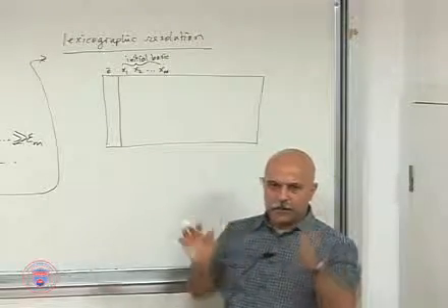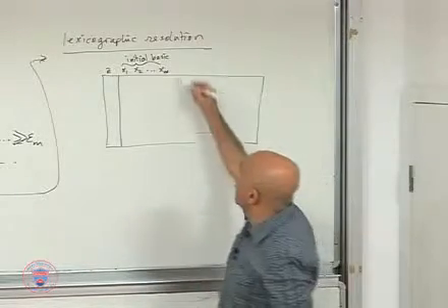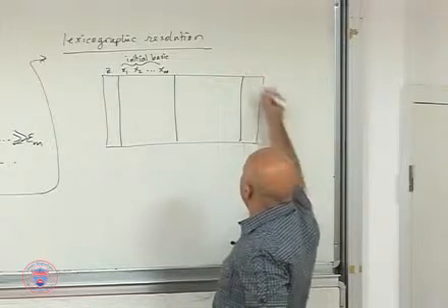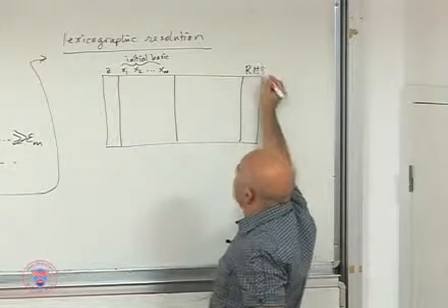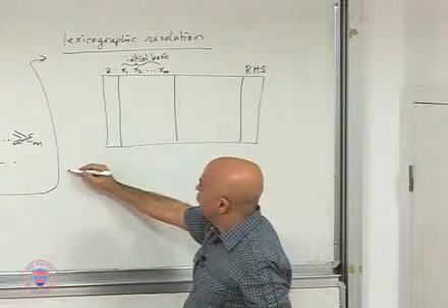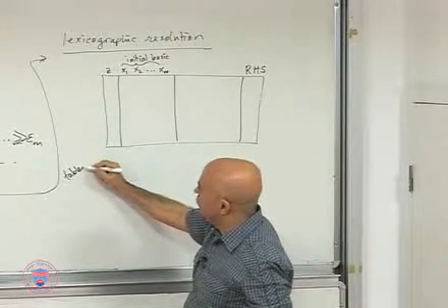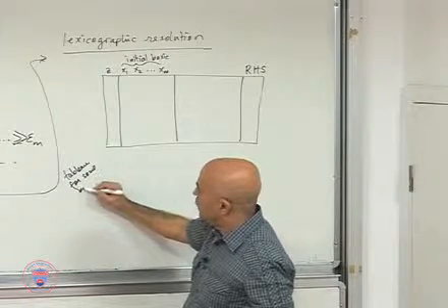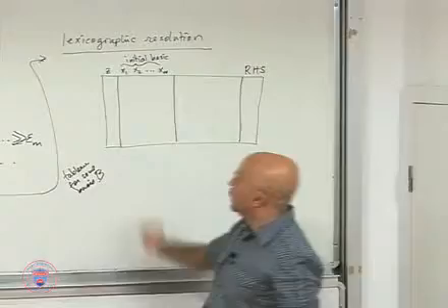I'm just assuming that they are the first m variables. So I'm separating that out. And this is the Tableau for some basis B. Okay?